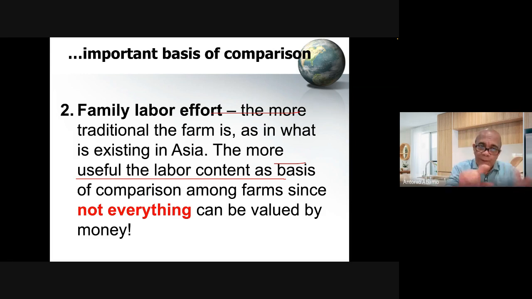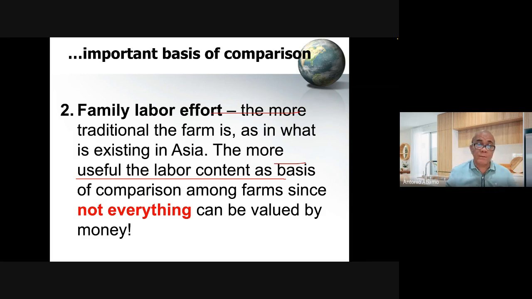So we use family labor effort as the basis of comparison. How much labor would it take to make the corn cob available as feed for your livestock, and how much labor is needed to use the pure grass? So labor content is a basis of comparison among farms, since not everything can be valued by money.